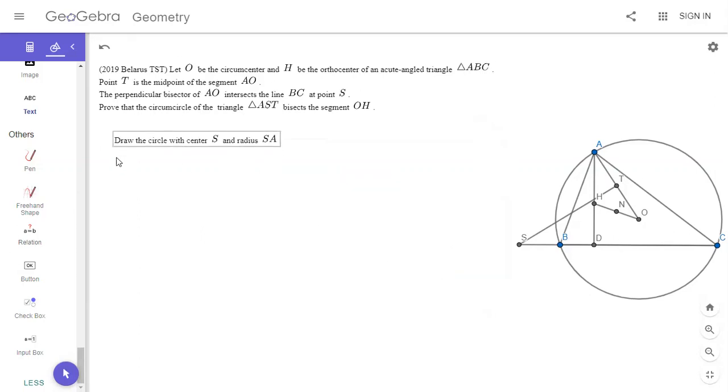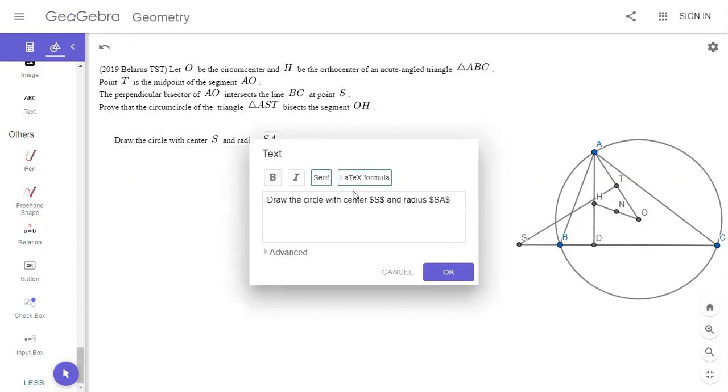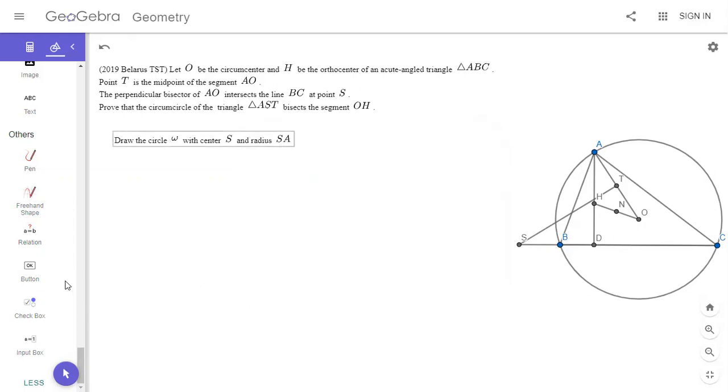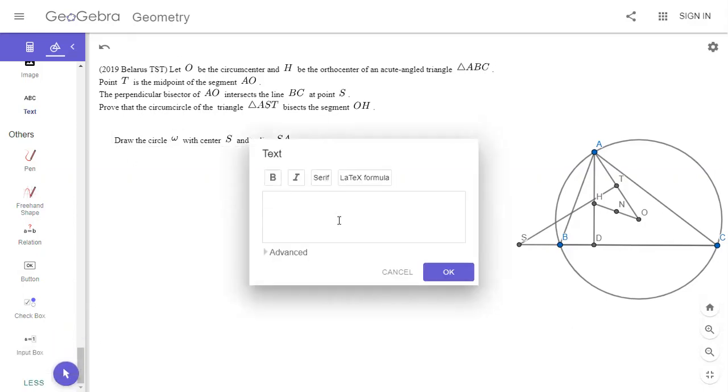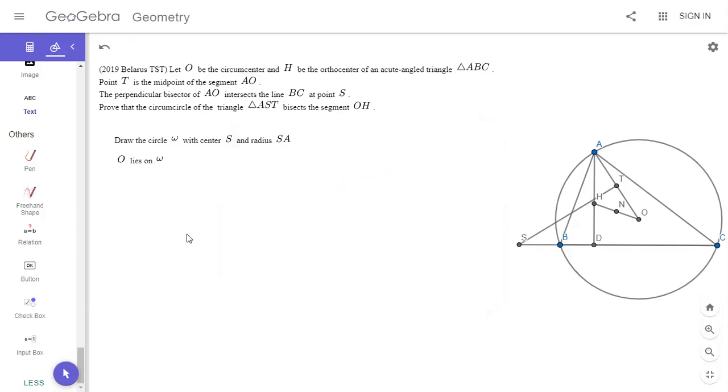Then O lies on the circle. Actually, I'm going to call it omega. And then the reflection of O across BC also lies on omega.